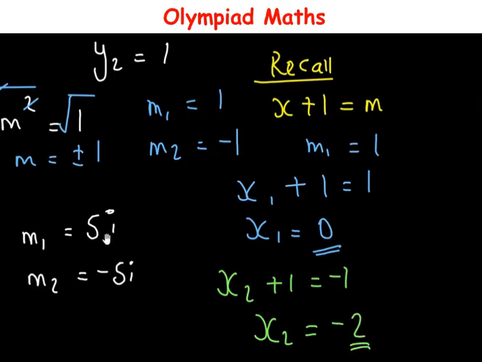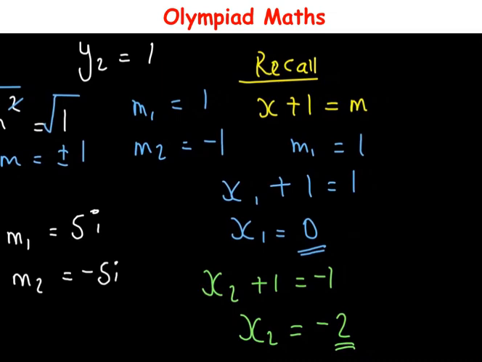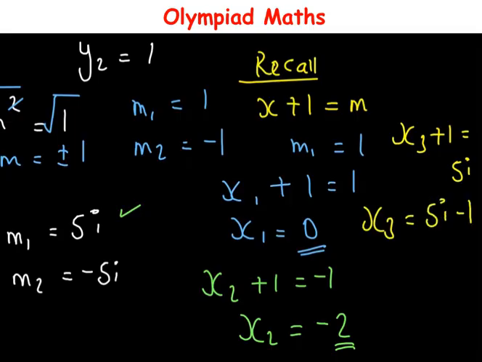Okay, for m as 5i, inputting the value of m as 5i into this equation, what we have for the solution of x, x3 plus 1 is equal to m, which is 5i. So therefore, the value of x3 is equal to 5i minus 1. What of the other one, which is the value of m2 equal to minus 5i? Also input this into this equation. We have that x4 plus 1 is equal to minus 5i.